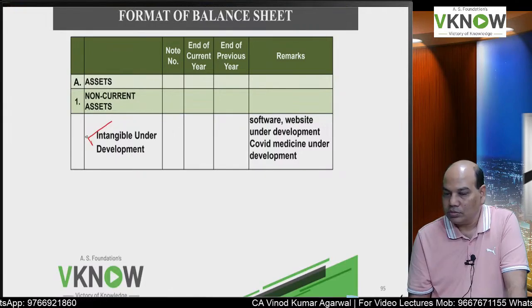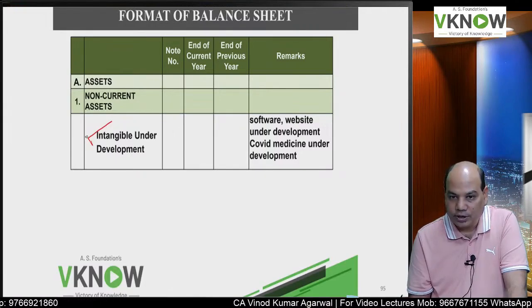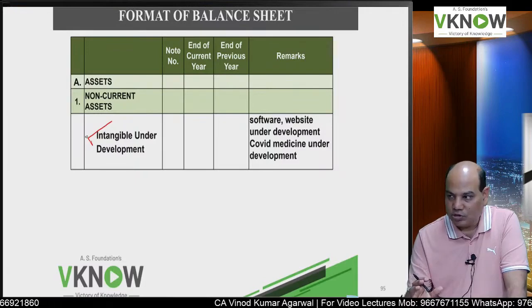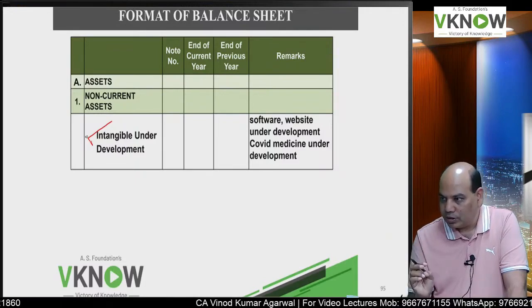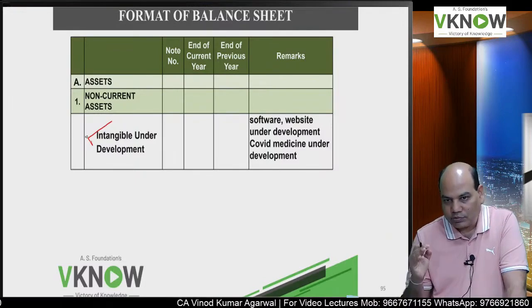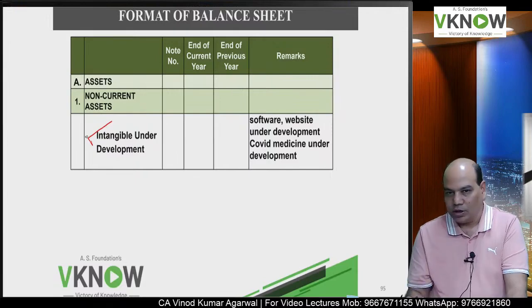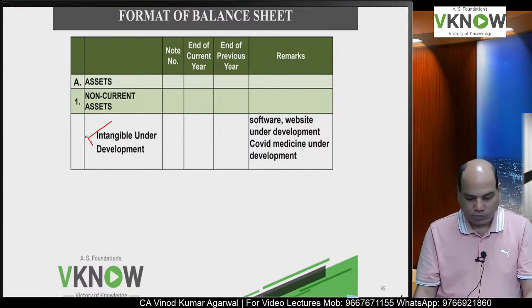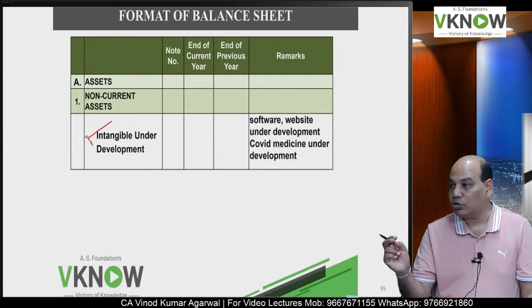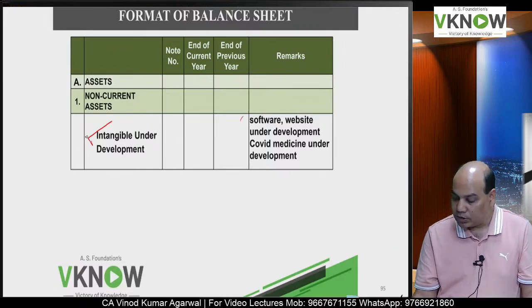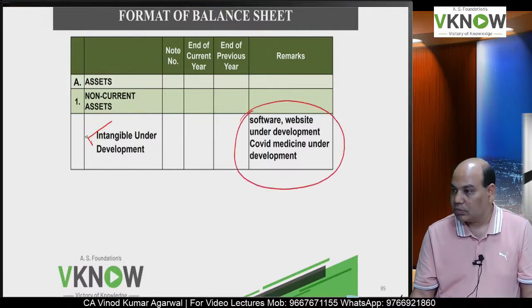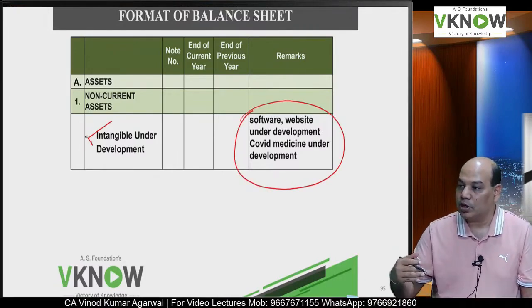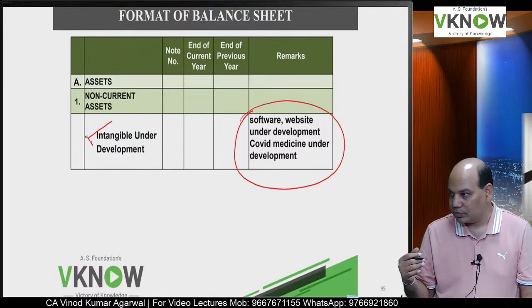It takes long period of time for an intangible to be ready. For example, software. It may take 3 years, 5 years. Finally, a software will be launched. So that is intangible. You have to disclose it separately because funds are blocked. Sometimes funds are blocked for a very long period of time.